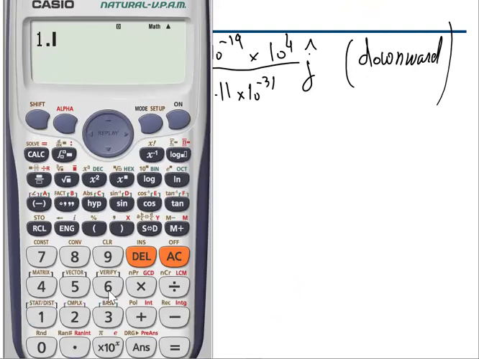So we got the acceleration equal 1.6 times 10 to the power negative 19 times 10 to the power 4, divided by 9.11 times 10 to the power negative 31.